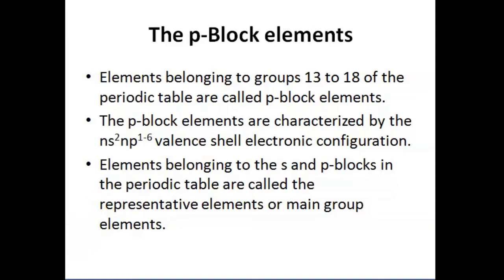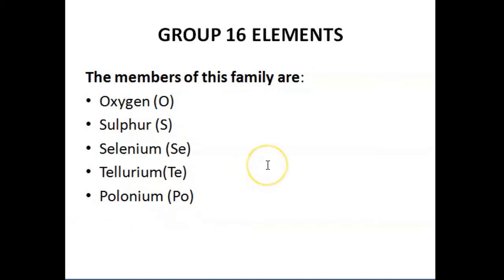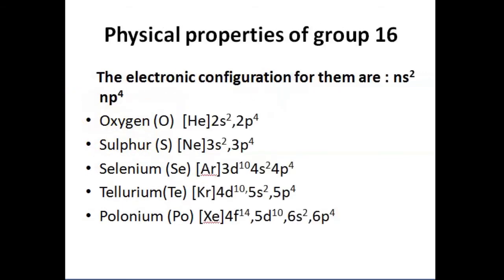The members of the group 16 family are oxygen, sulfur, selenium, tellurium, and polonium. If we look at their electronic configuration, the basic configuration is ns2 np4.